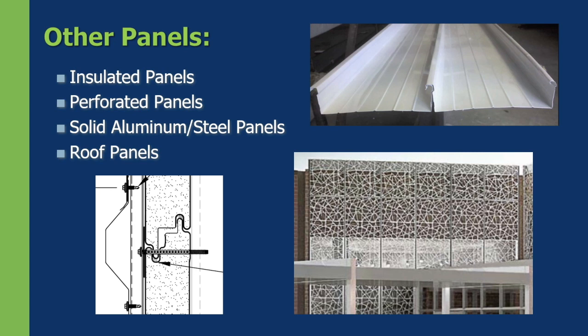We also can look at solid aluminum and steel panels. We've even done a copper panel before. And then there are the roof panels. Anytime you need help with any of these systems, ACM, insulated, perforated, or any solid or roof panels, let us know. We're here to help.